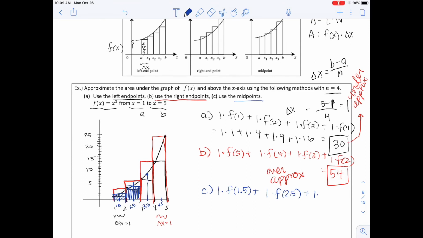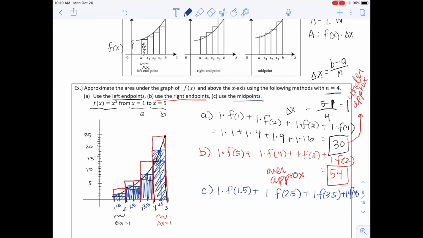Once I hit my curve, draw a horizontal line, and I'll shade that. So this is going to be f of 3.5, plus 1 times, and then the last one I have is 4.5, which if you draw a vertical line up, put a dot across, and then shade, we have f of 4.5.